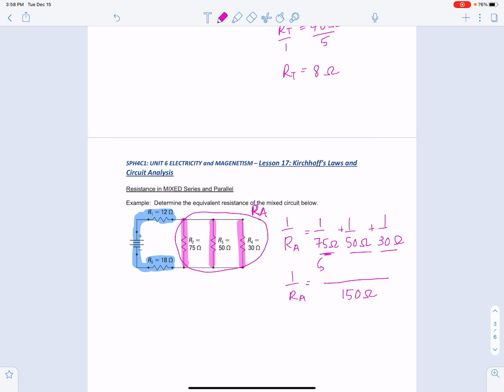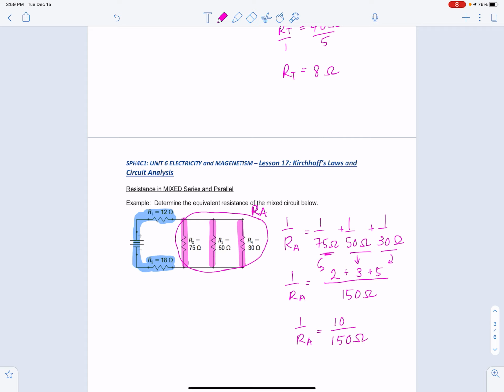Always use a calculator, folks. What do we multiply 50 by? That's 3. And what do we multiply 30 by to get 150? That's 5. So we can add the numerators now. We have 2 plus 3 plus 5 is 10 over 150 ohms.